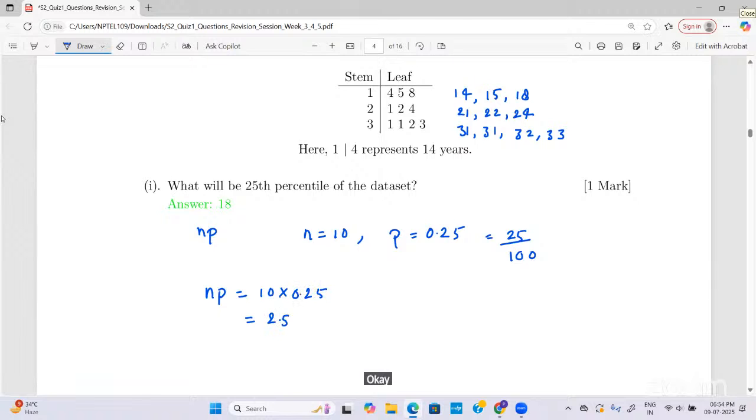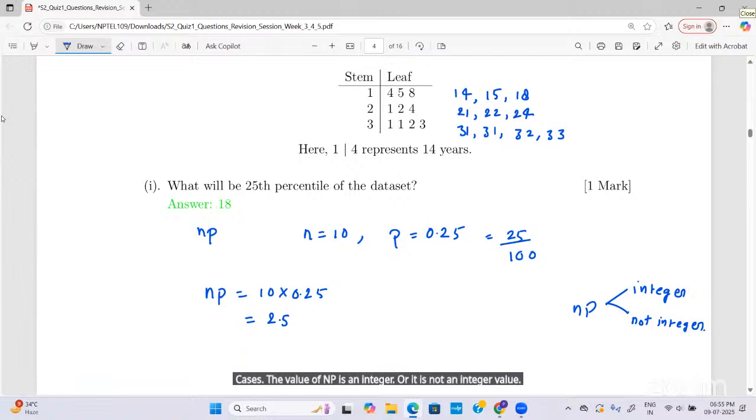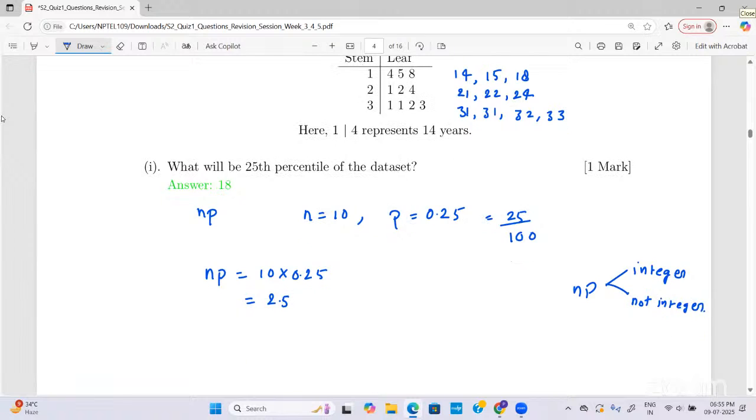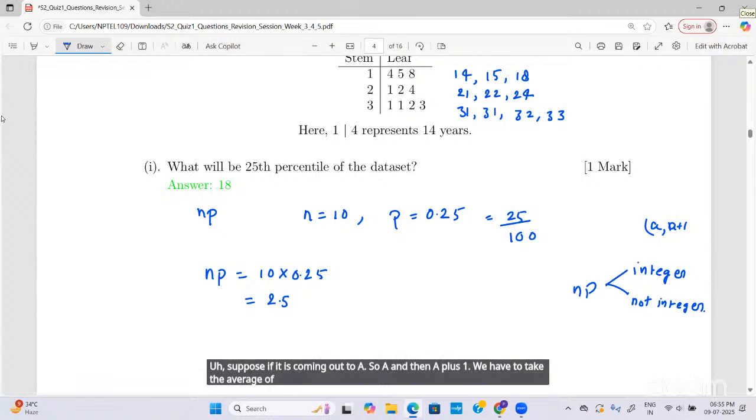Okay. So whenever you calculate the value of NP, there are two cases. The value of NP is an integer, or it is not an integer value. If the value of NP is an integer, suppose it is coming out to A, then we have to take A and A plus 1, and take the average of these two values.